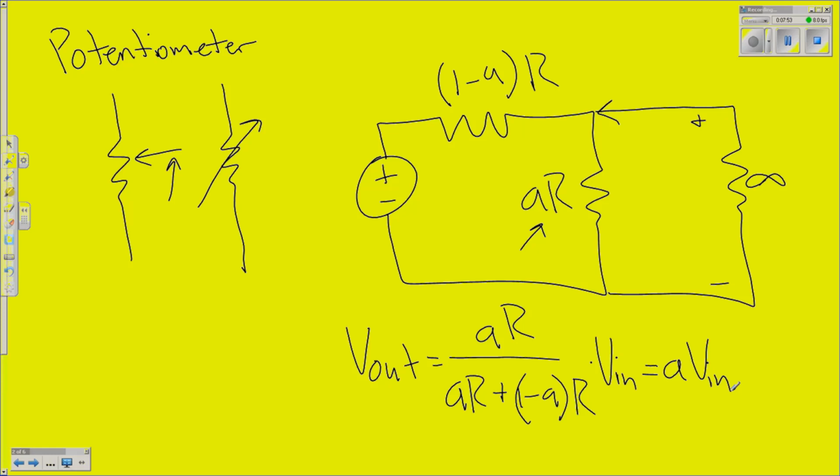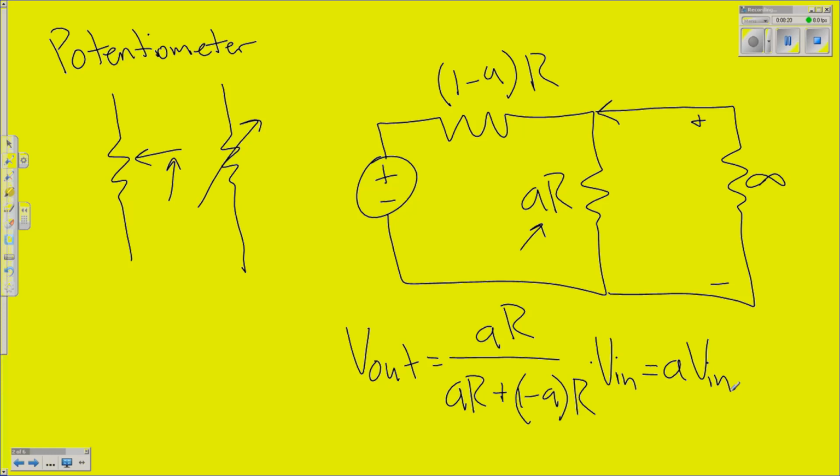So think about your car stereo. If you have an old car like me, you've got a nasty little knob on there. You twist it one way, volume goes up. Twist it the other way, volume goes down. All that is a potentiometer. When we twist it all the way to max, we're setting A to be 1, and in that case our Vout is going to be equal to our Vin.